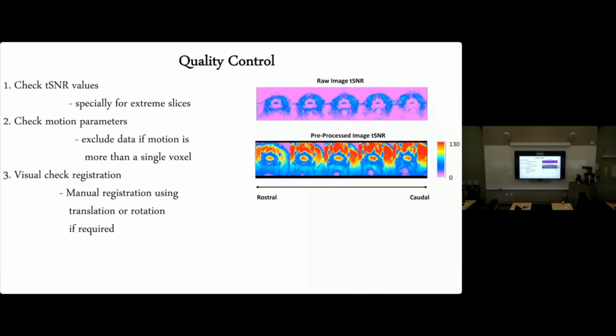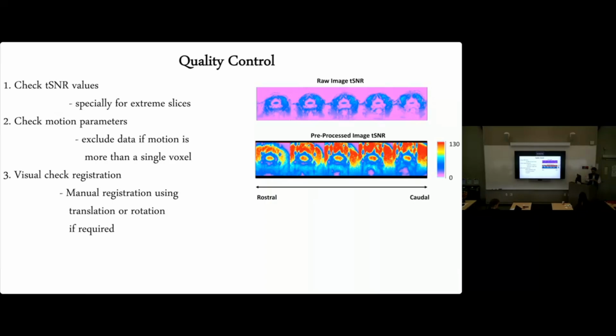A few important things regarding the quality check that we do after our data acquisition or during the processing is that, as we were discussing before, the TSNR becomes a very important parameter to check, and especially we do check it for the end slices because that's where the signal drops happen most, if we don't have a good coil.